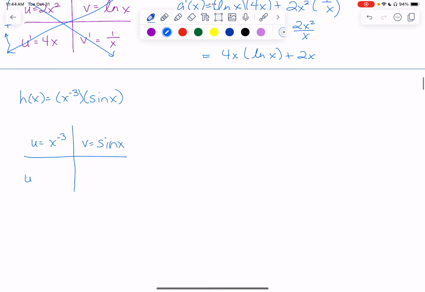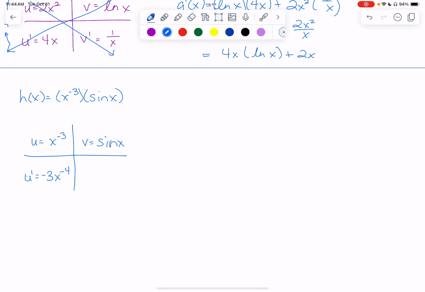Here, my derivative of u is equal to negative 3 x to the negative 4. Remember, this is a negative 4 because I take negative 3 minus 1 more. So negative 3 minus 1 is negative 4. And then my derivative of sine x, if you remember your rules for trigonometric functions, is going to be cosine x. So now I'm going to do my crisscross.